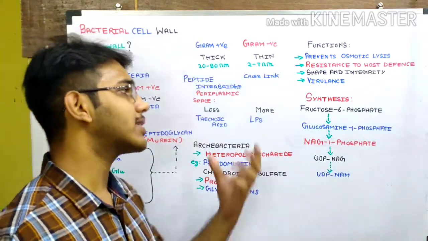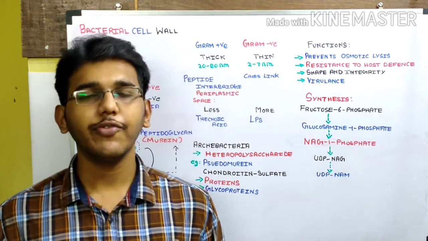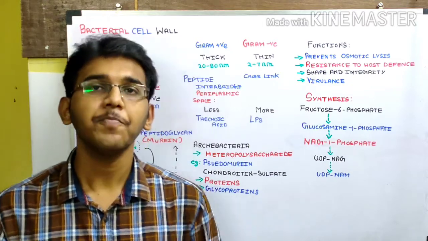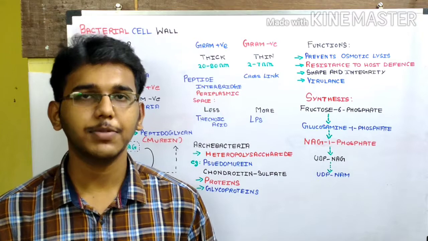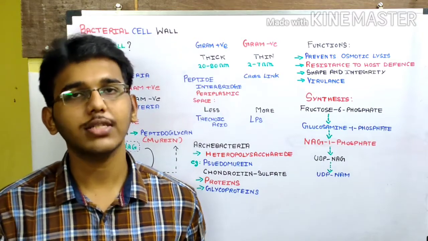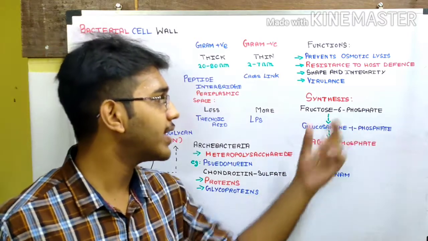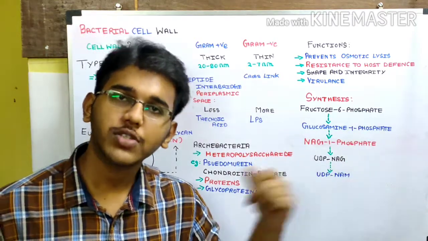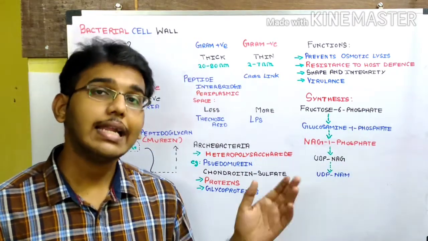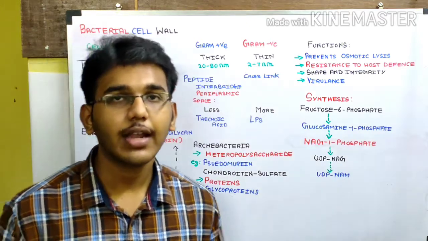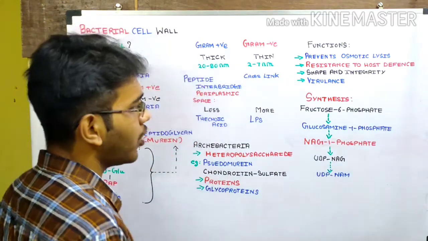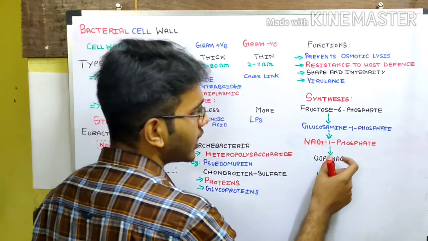Finally, let us discuss the synthesis of the bacterial cell wall. It also starts from the important metabolic substrate, glucose. Glucose is converted to glucose 6-phosphate, then to fructose 6-phosphate, then to glucosamine 1-phosphate, then to N-acetyl glucosamine 1-phosphate, and it is converted further to uridine diphosphate N-acetyl glucosamine.